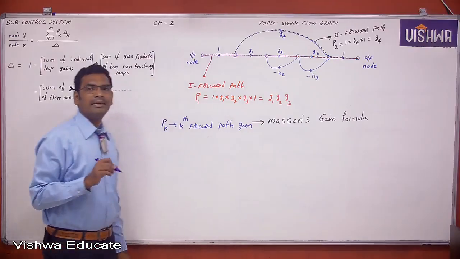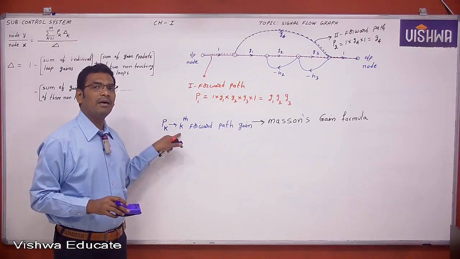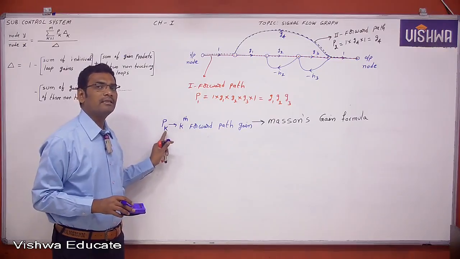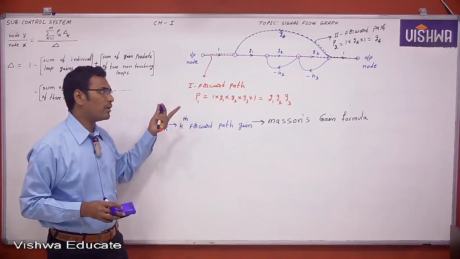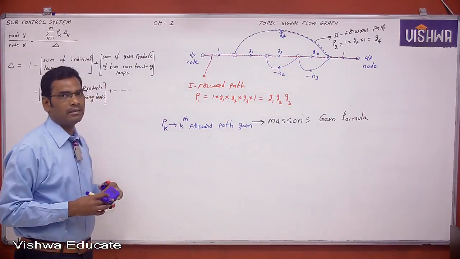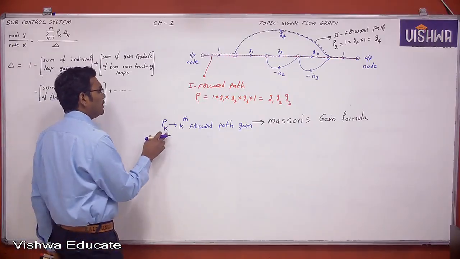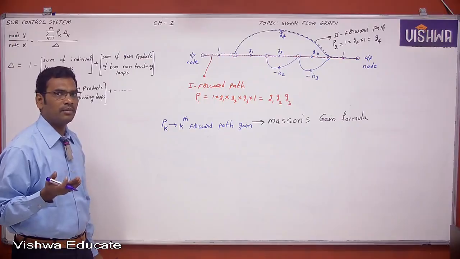The total gain in that particular forward path is called the forward path gain. Similarly, P suffix k is nothing but the kth forward path gain, whatever it may be.